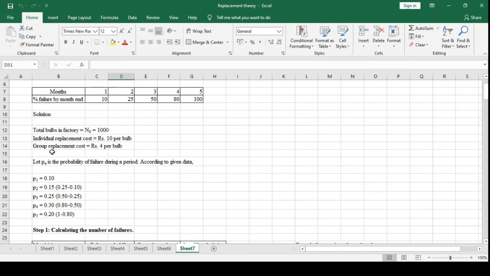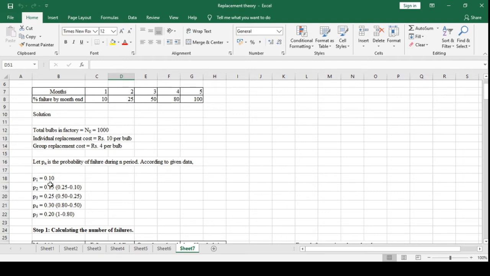Then the group replacement cost is equal to rupees 4 per bulb. Now we will calculate the probability. Let Pn be the probability of failure during the nth period. According to the given data, our probabilities P1 to P5 will be calculated as follows.